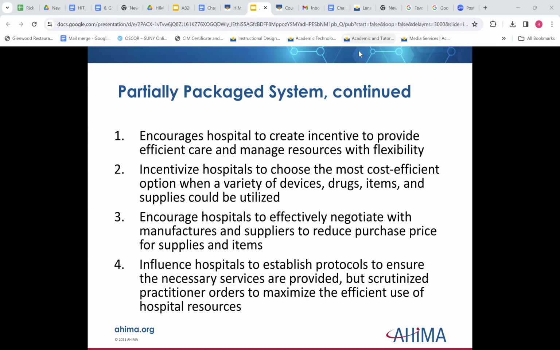We're encouraging hospitals to negotiate with manufacturers and suppliers to reduce the purchase price for supplies and items. And then finally, we're going to influence the hospital to have protocols to ensure the necessary services are provided. So we're making efficient use of all the resources.